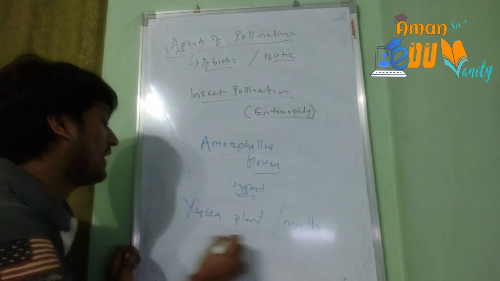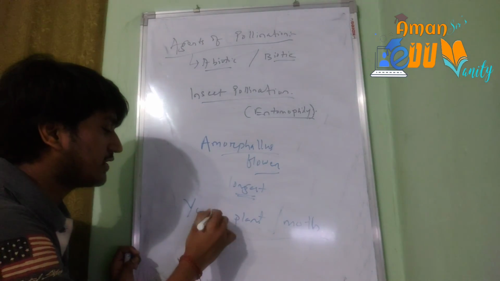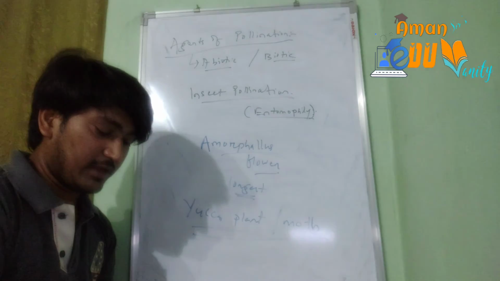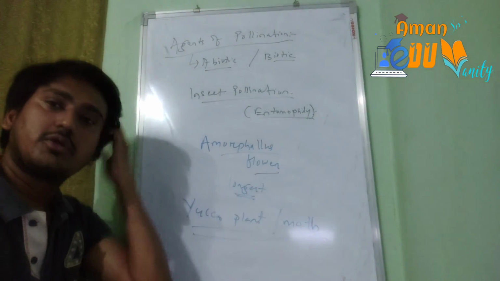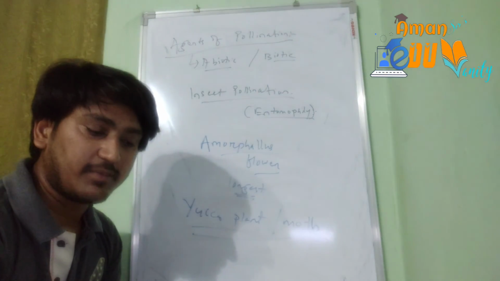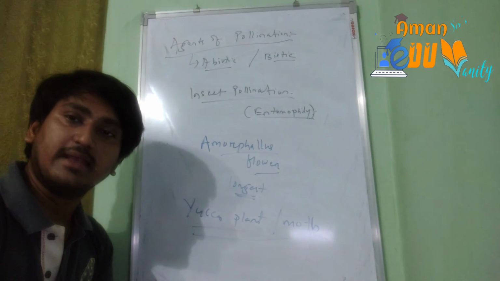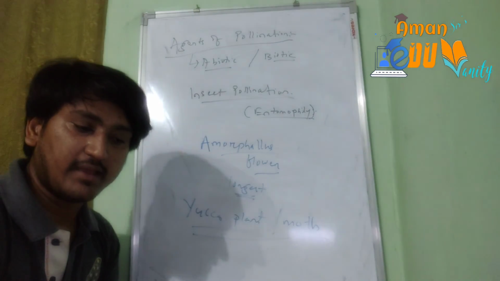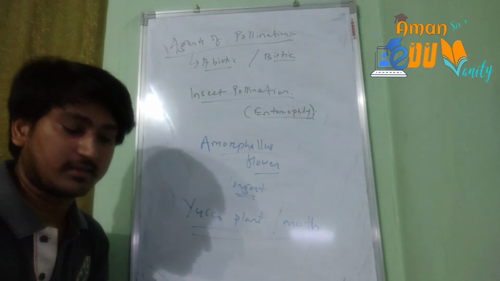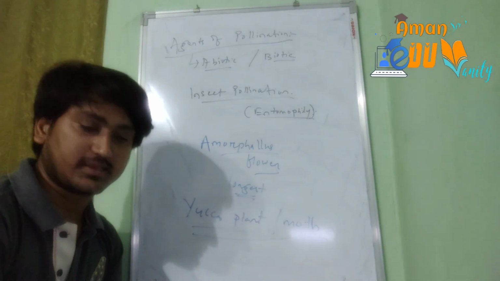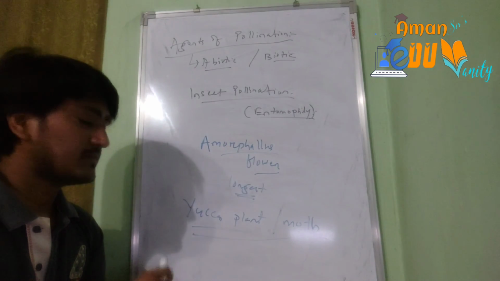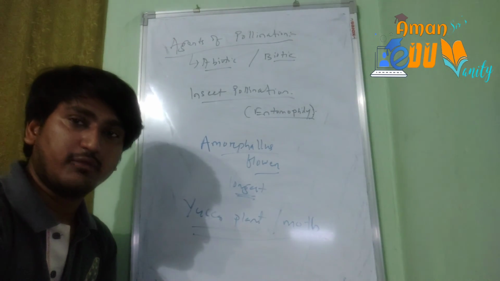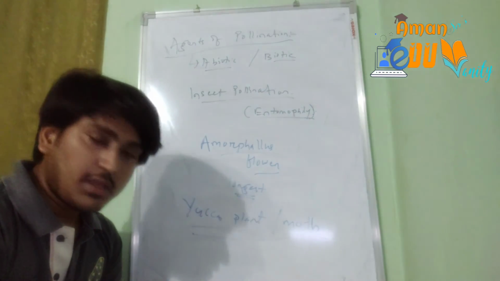Actually, the yucca plant and the moth cannot complete their life cycle without each other. The moth lays its eggs to complete its life cycle in the flower only, placing them within the ovarian locule, and the yucca plant is pollinated in return.